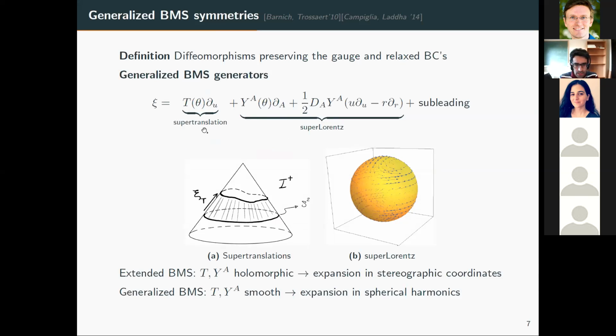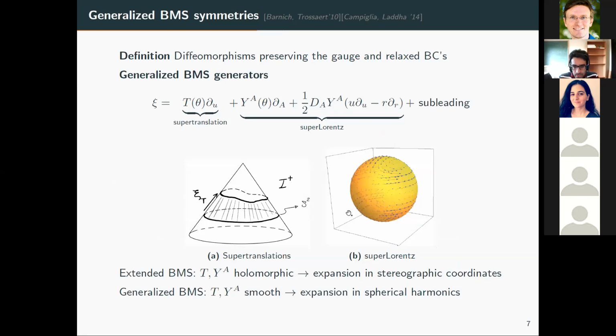The supertranslations are actually angle-dependent time translations, while the super Lorentz are some arbitrary deformations on the sphere, on the celestial sphere, combined with some suitable scaling of time and radius.